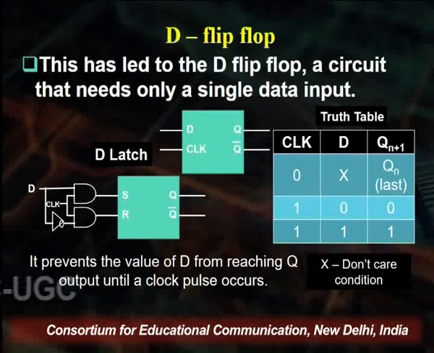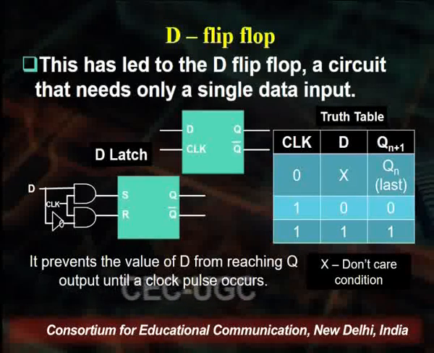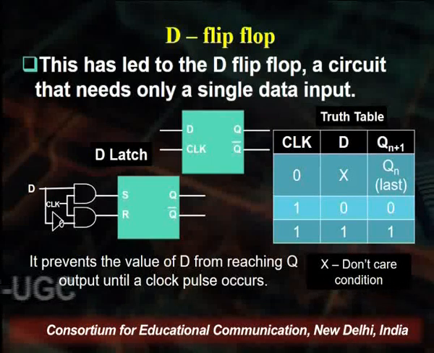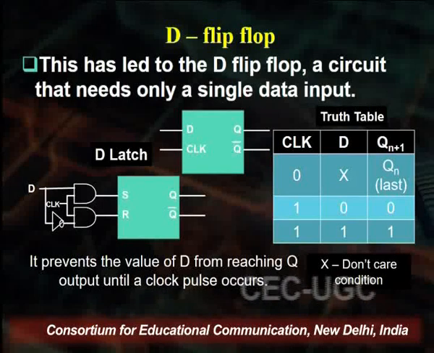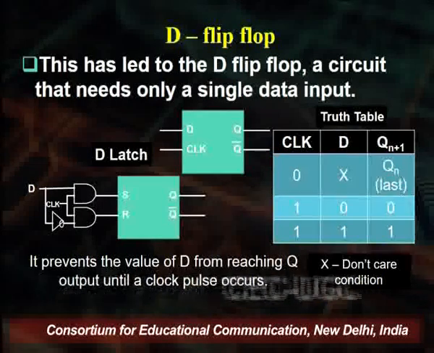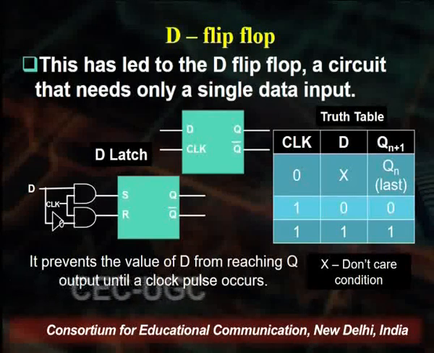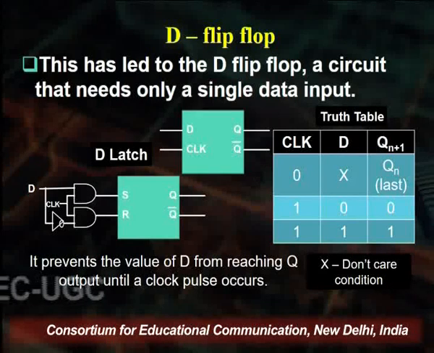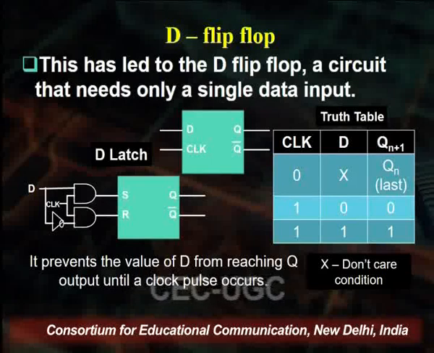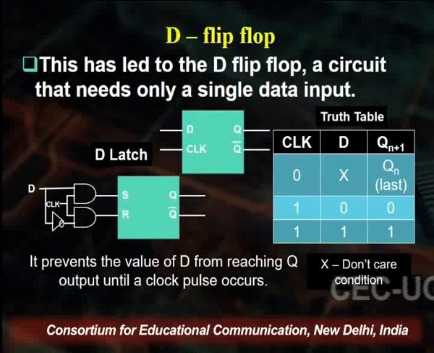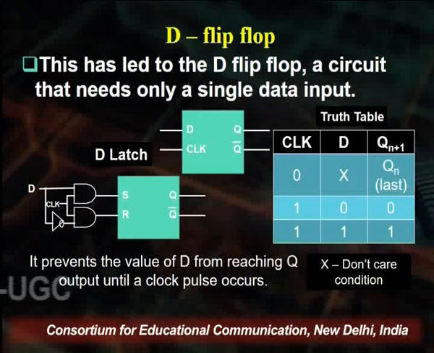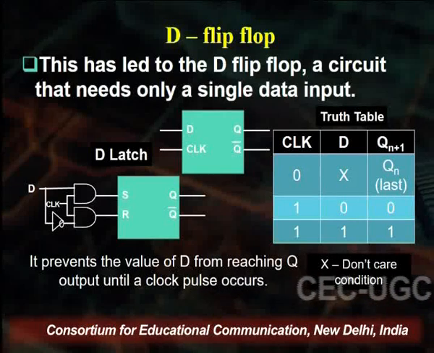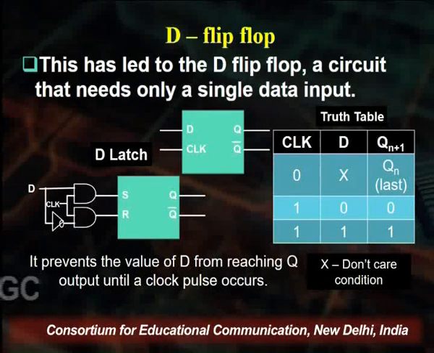If we look at the circuit, we see that for one of the AND gates, the D input is fed directly, whereas the other AND gate has a NOT gate from the D input in between. So if the value of D is 0, then the upper AND gate will give a value of 0, whereas the lower AND gate will give the output as 1. In this case, we assume that both the clock or the enable is at high state.